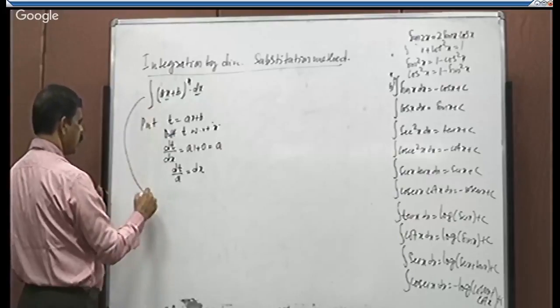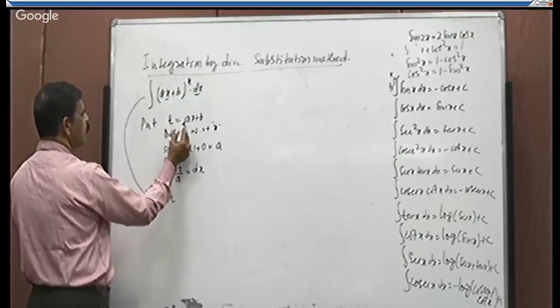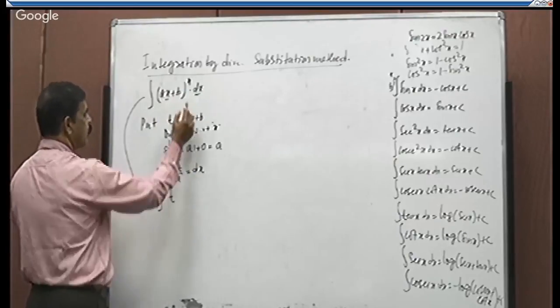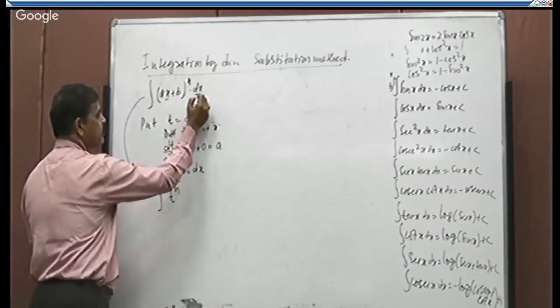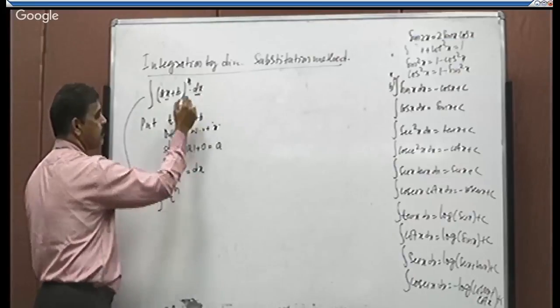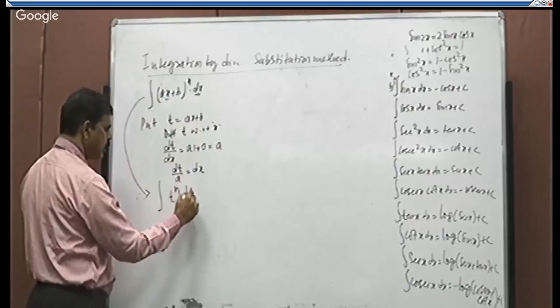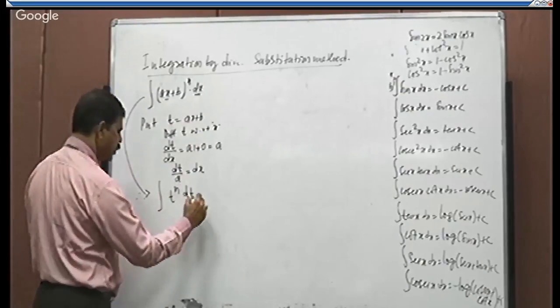Therefore, the given integral reduces to t to the power of n, where ax plus b is equal to t. After differentiation, I got the value of dx. What is it? dx is equal to dt divided by a. What is a? A is a constant.